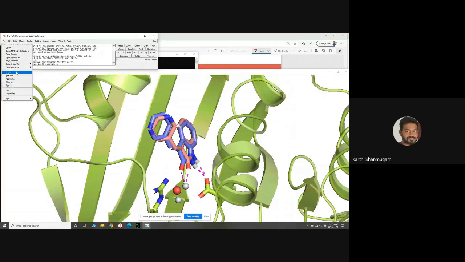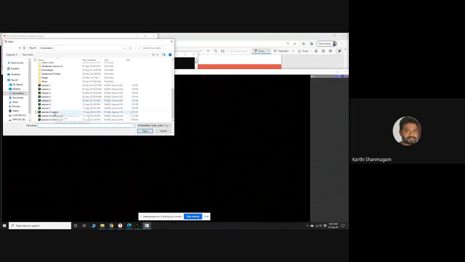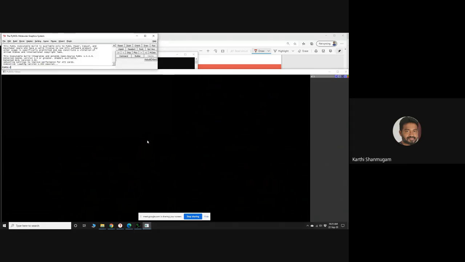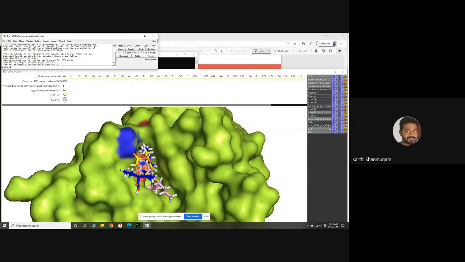Is my screen visible? Yes, sir. Are you able to see PyMOL? Yes, sir. Okay, so I take this as an example, so it will be easy for you to understand.